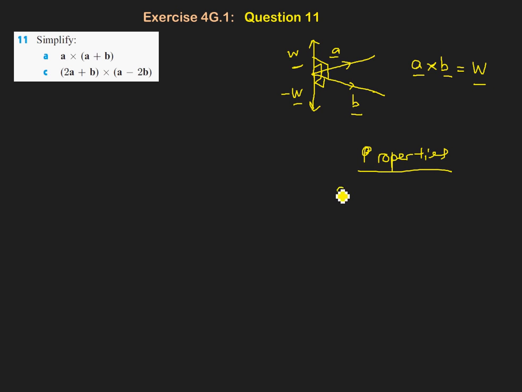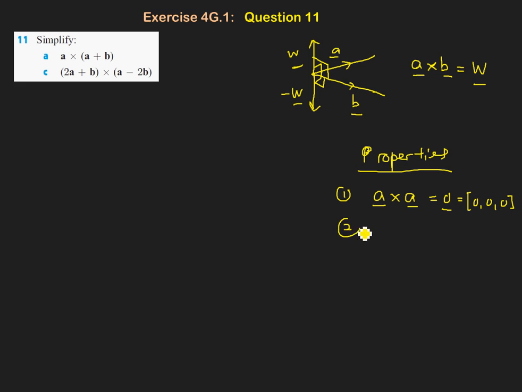The first one is that if you cross product the same vector by itself, you get a zero vector, in which all its components are 0, 0, 0.